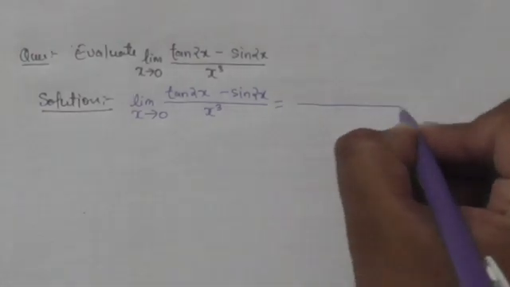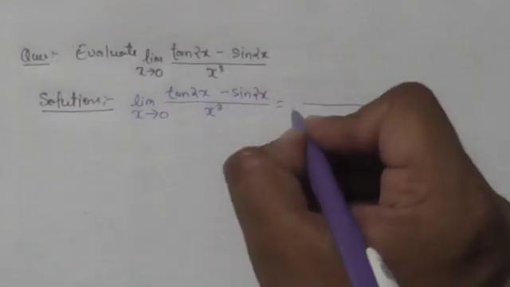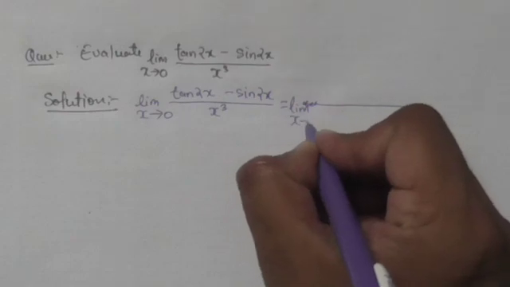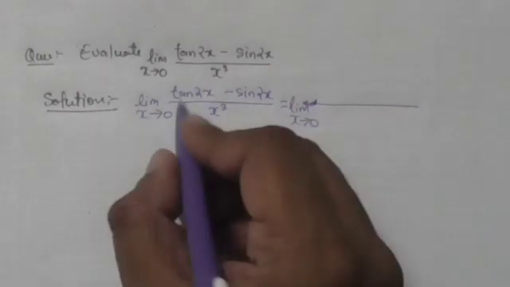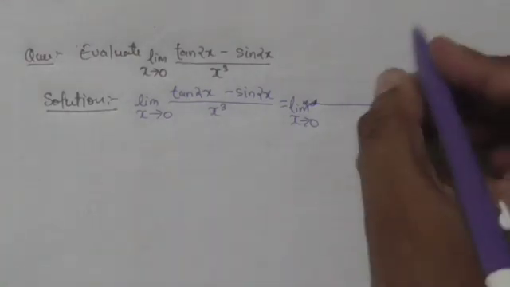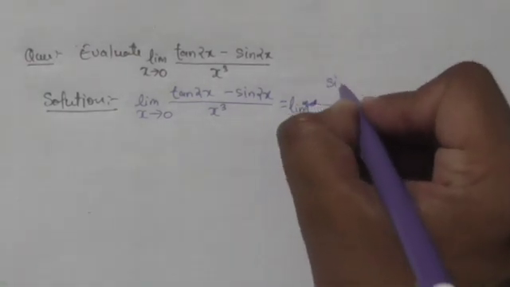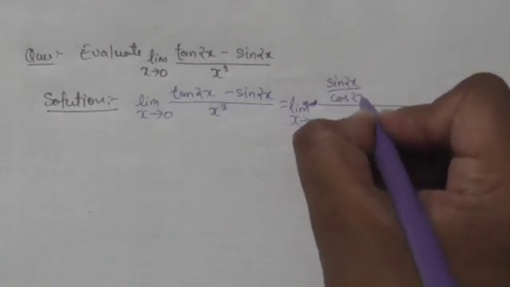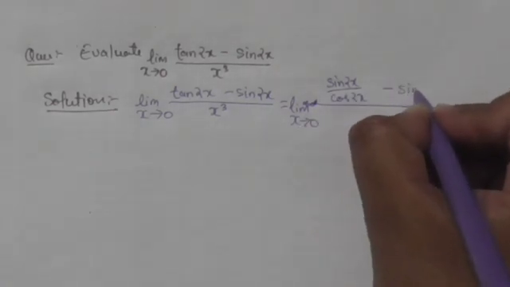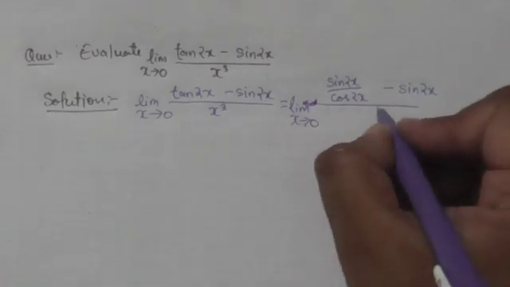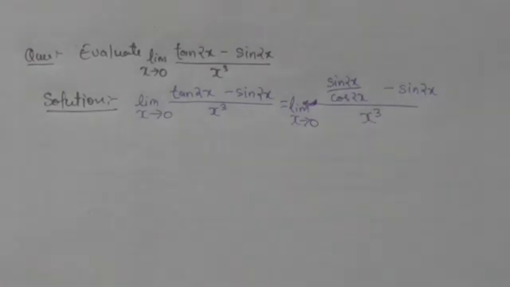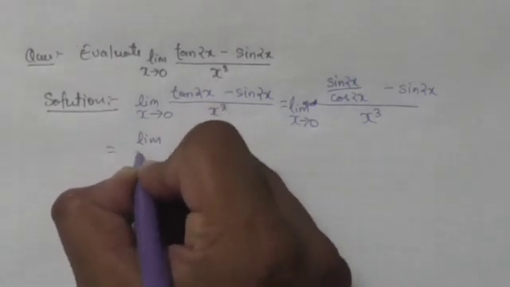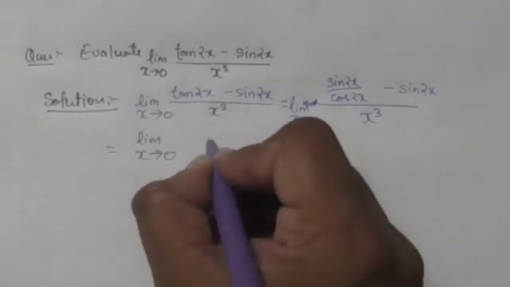So you can see here in the numerator we have tan 2x. So tan 2x can be written as sine 2x upon cos 2x. So it will be equal to limit x tends to 0.